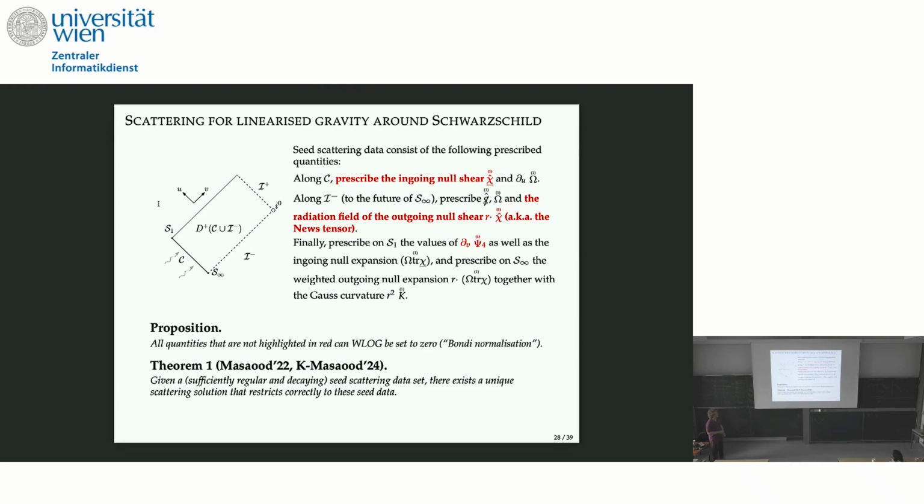I won't talk much about it, but basically, given such initial data with a certain degree of regularity, there exists a unique solution in the entire domain of dependence, so in this entire Penrose diagram, that restricts correctly to these data. S1 is this sphere up here, on one sphere along the cone. It doesn't matter, I just picked a random one. You need to specify some extra information on one of these spheres.